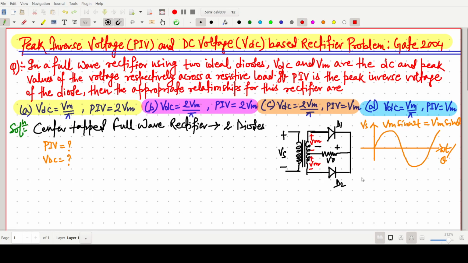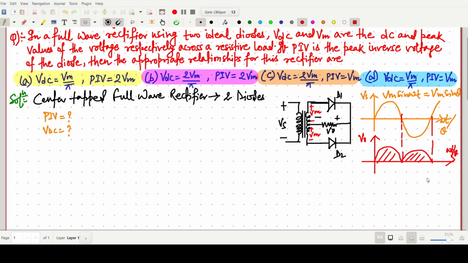So the corresponding output waveform for a full wave, we all know, the full wave output will be like that and like that. This one is the output voltage with respect to omega t or theta, for the full wave rectifier.